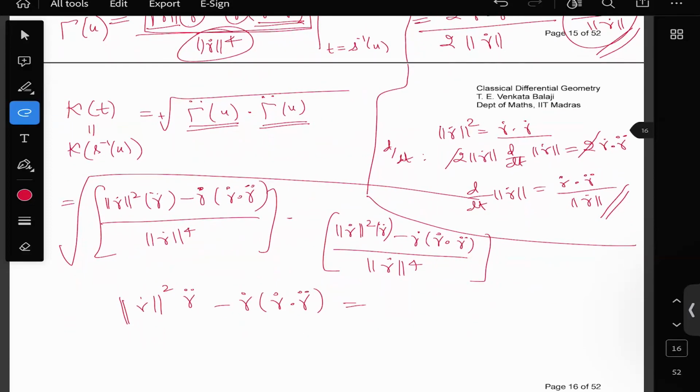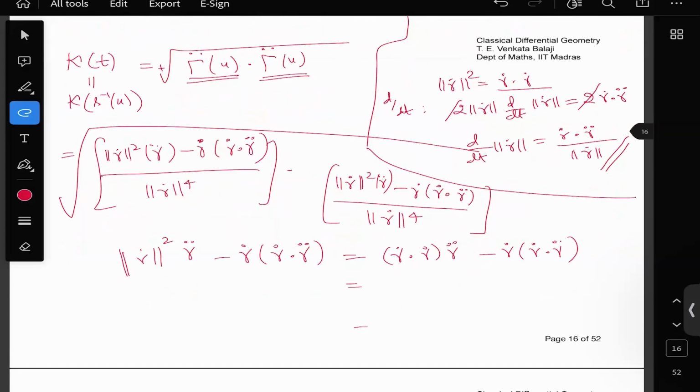Note that norm gamma dot squared is again gamma dot dot gamma dot. So you will get gamma dot dot gamma dot into gamma double dot minus gamma dot into gamma dot dot gamma double dot, okay. This is actually A cross B cross C, and the formula for this is A dot C into B minus A dot B into C, okay.